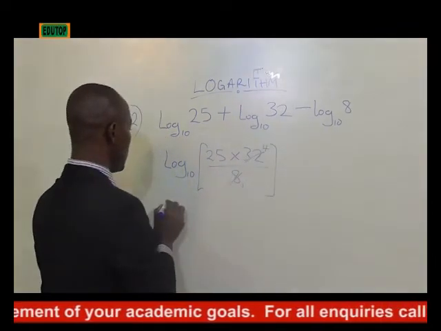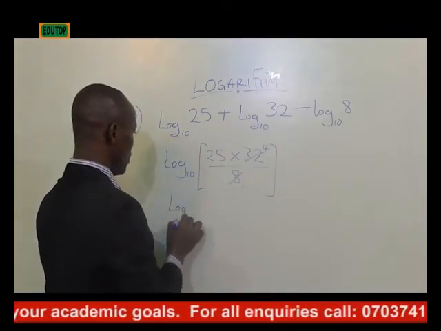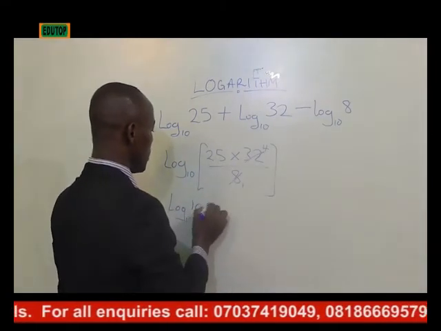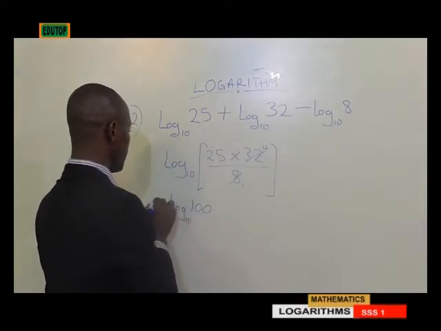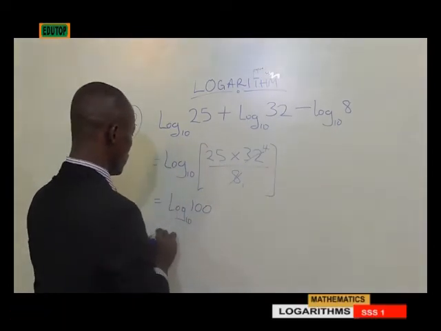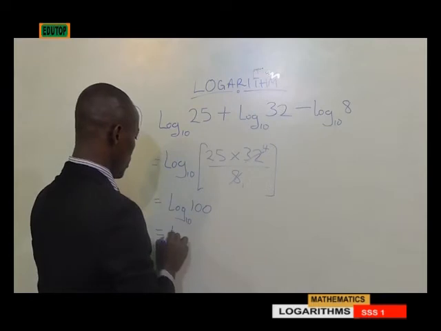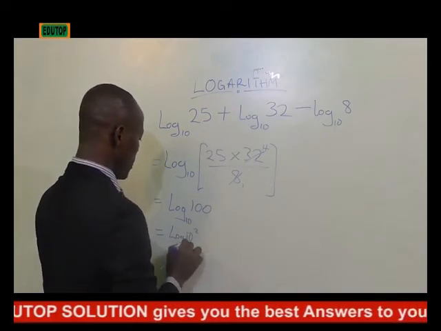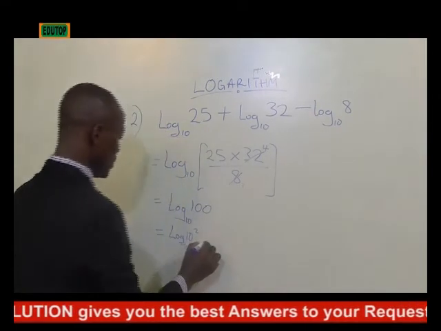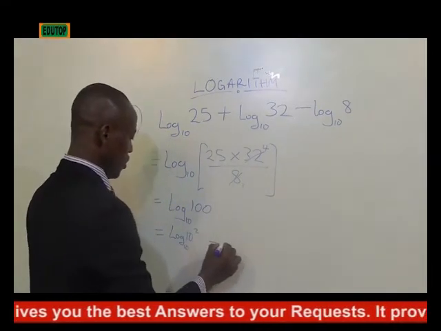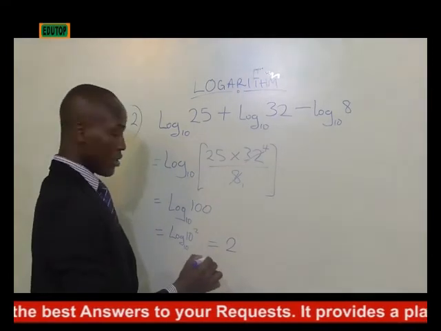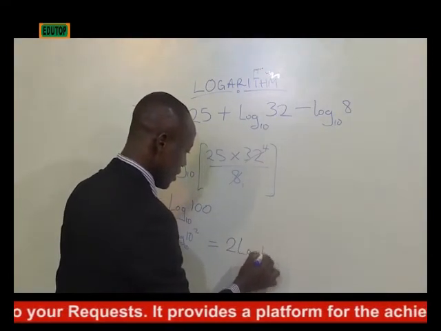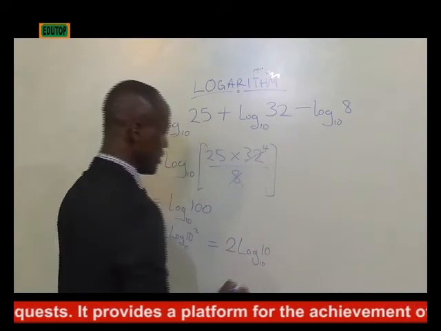So what we are having here is log 100. 25 times 4 is 100, which is also equal to log 10 squared base 10, which is equal to 2 log 10 base 10.